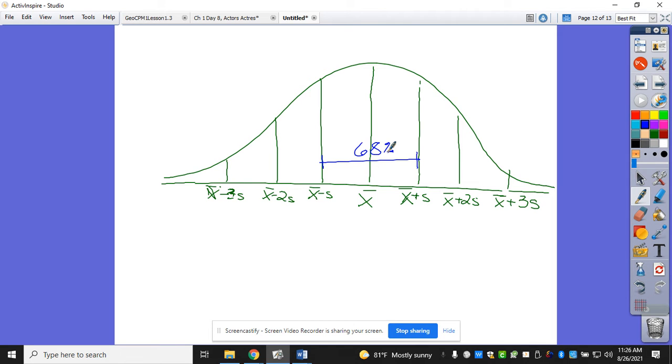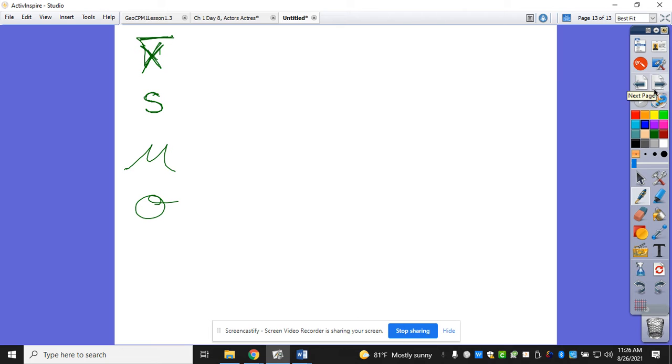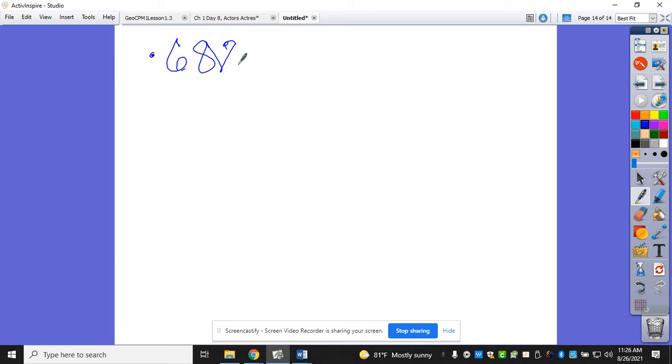So on your sheet, you have a bullet point. What does it say above that first bullet point? 68% of the data falls within what? 1 standard deviation of the mean.